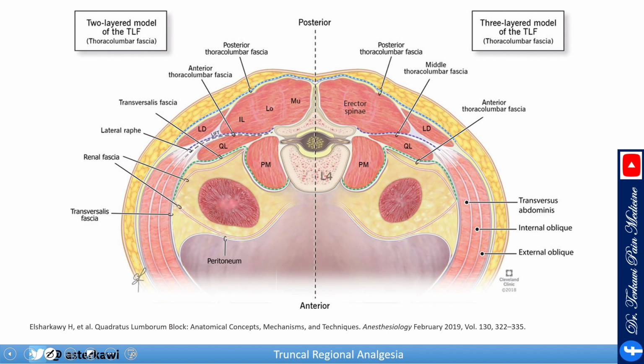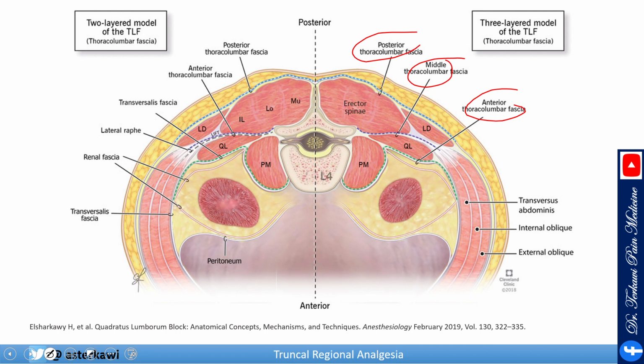The abdominal fascia, or thoracoabdominal fascia, there used to be a 2-model concept or a 3-model, which we discussed, meaning anterior, middle, and posterior thoracolumbar fascia, or the 2-layer model.